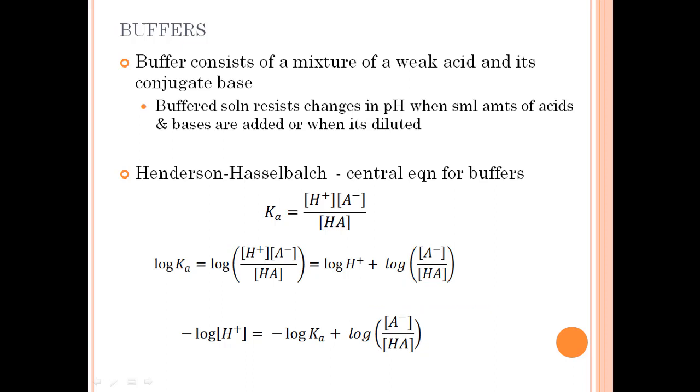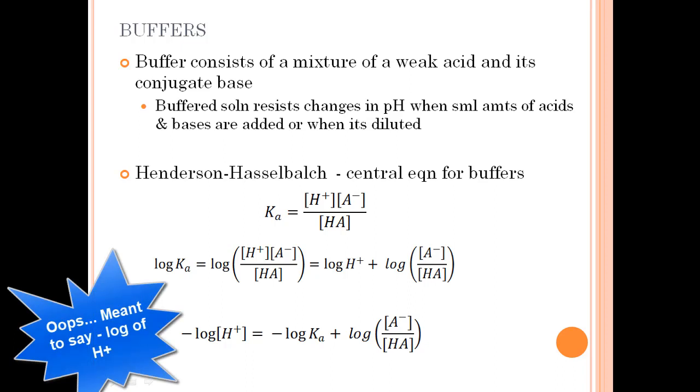If you don't know your logs, or the rules for logs, there's a useful little side note on page 190 of your book that helps you remember how to work with logs in certain situations. So they've split it up, and now you see they've put things on separate sides, and they have the negative log of H plus, which is the pH, that's the definition of pH.